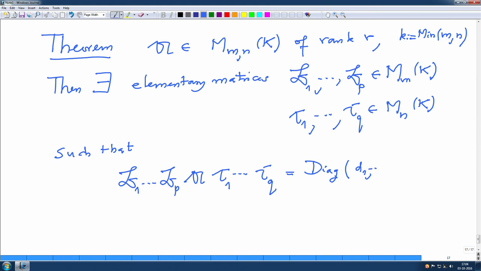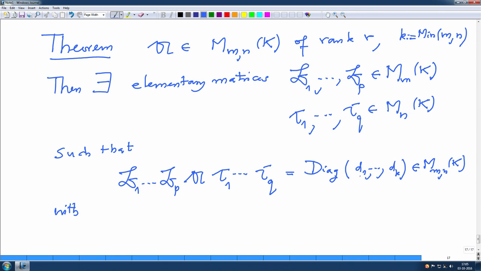diag D1 to Dk, which is this matrix. I have written diagonal, but it is a matrix here. So depending on whether m is smaller or n is smaller, this diagonal matrix will look different.